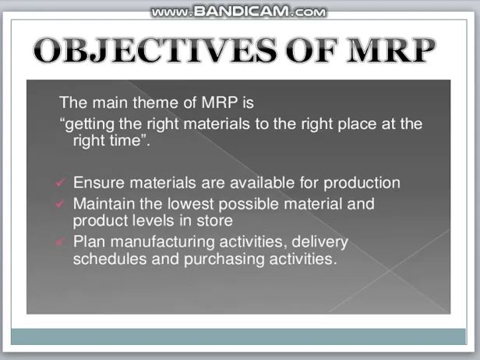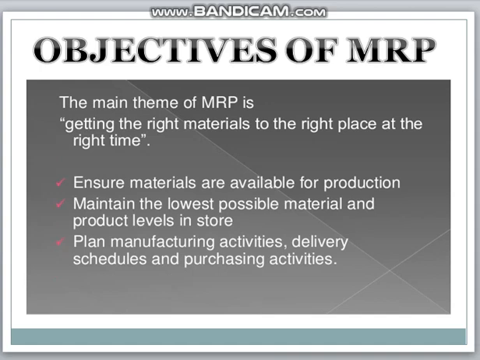Next, moving on to the objectives of MRP. The main concept of using this MRP is getting the right materials to the right place at the right time, such that we can process our production without any delay.